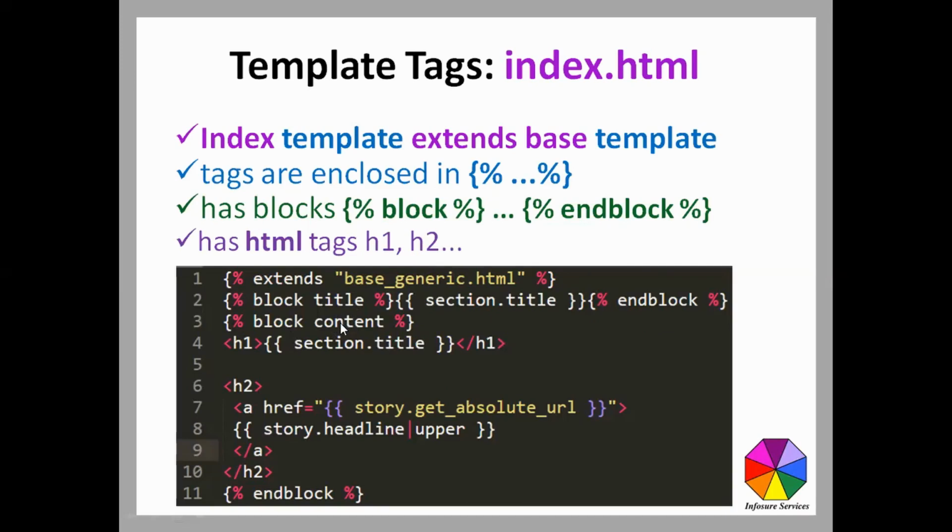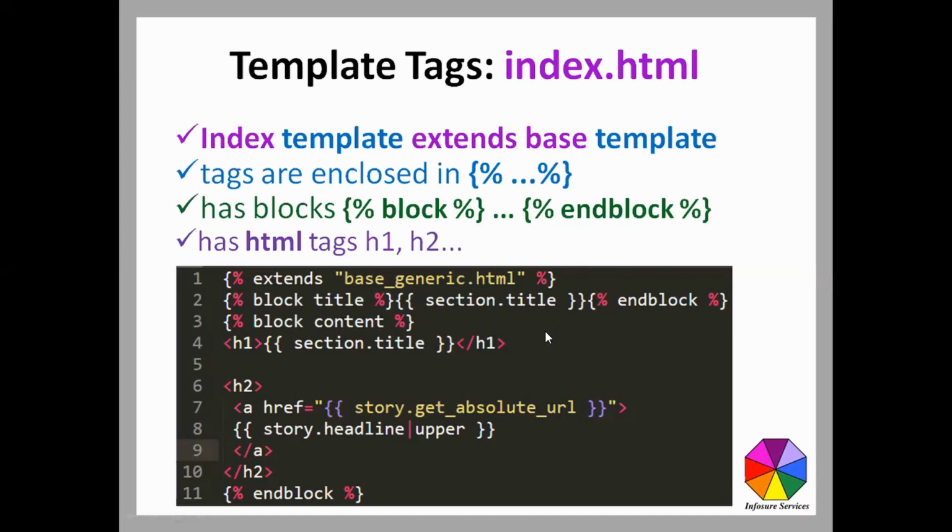So this is how we now have what's called Jinja 2 templates. These are template tags, a specialized tag with curly brackets and percent signs. As blocks, this is a block with a name, and end block, so this is called the template definition language.